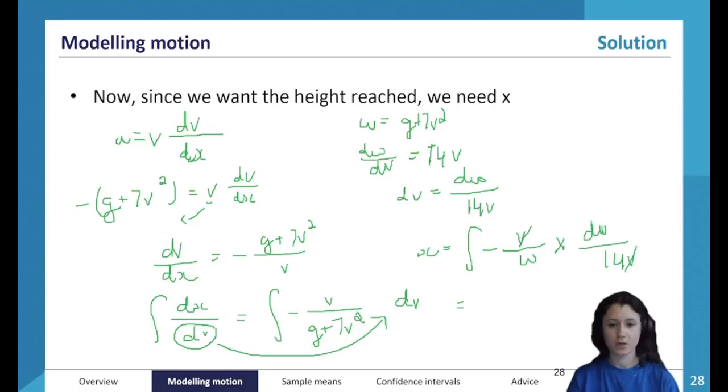Alright, so we can obviously have negative 1 on 14 multiplied by 1 on w dw. So obviously we can just integrate this as just an ln function. So we're going to have negative 1 on 14 ln, and then w is going to be just that original substitution we did.